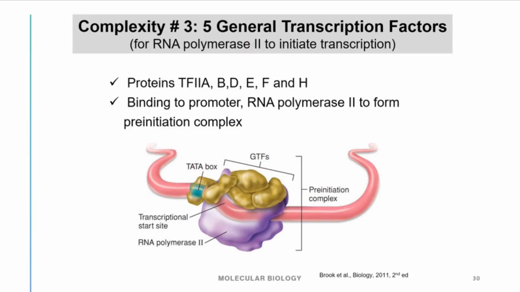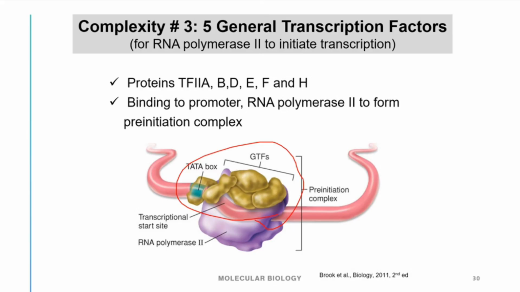Earlier on, we talked about the use of transcription factors in the initiation process. Now, RNA polymerase 2 requires general transcription factors to help locate the transcription start site. These are the proteins TFIIA, B, D, E, F, and H. All these general transcription factors will assemble at the promoter region, a little bit downstream of the TATA box.